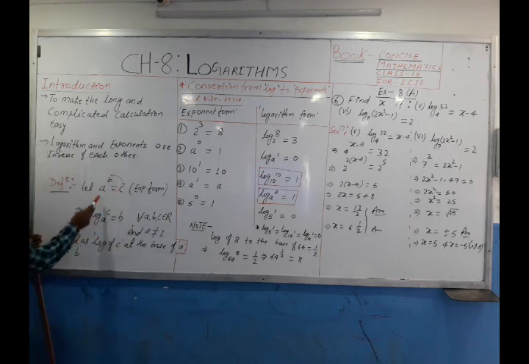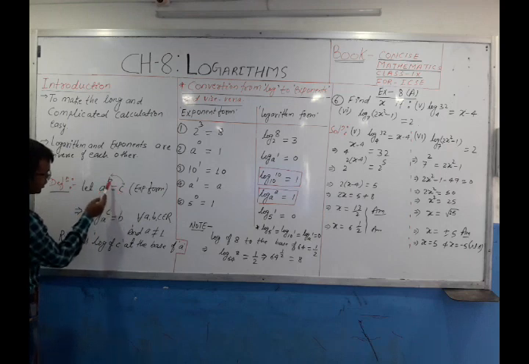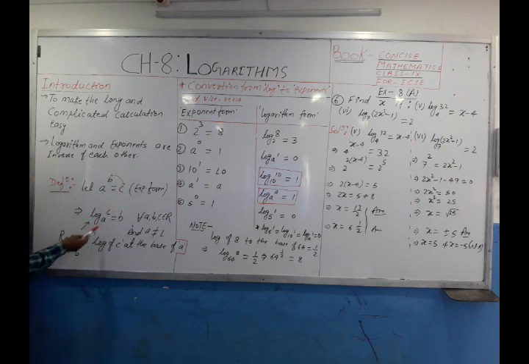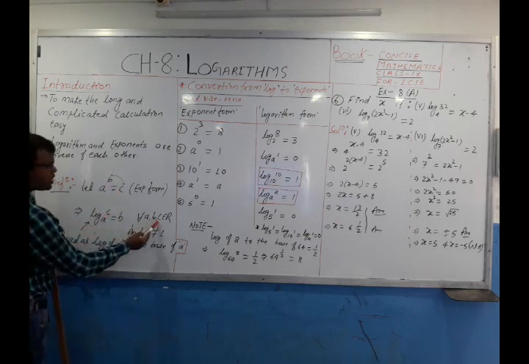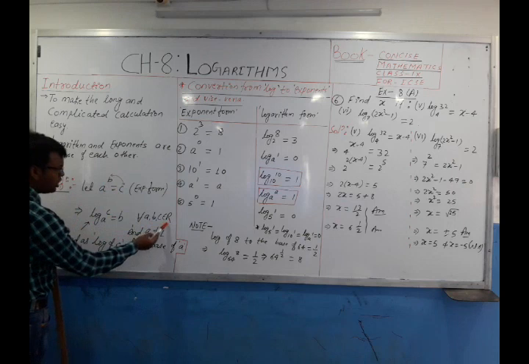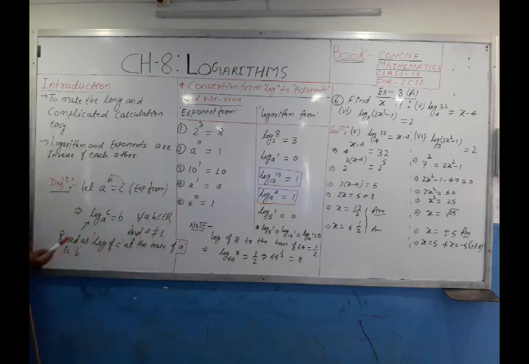That's why log c with base a equals b. This is called the logarithm form, and it has three constants a, b and c, which belong to real numbers, not imaginary.